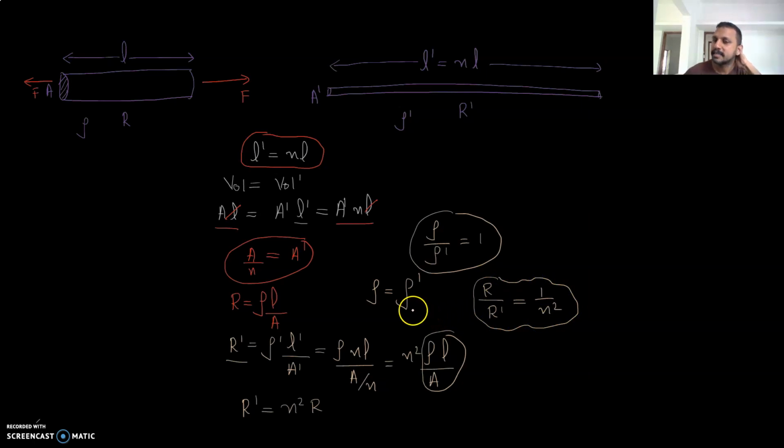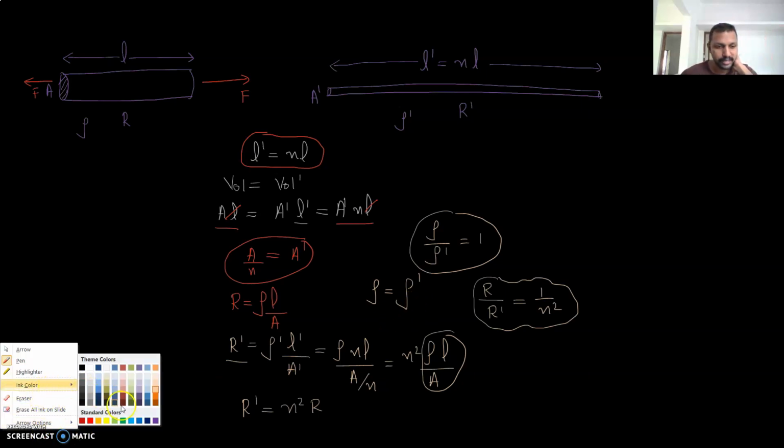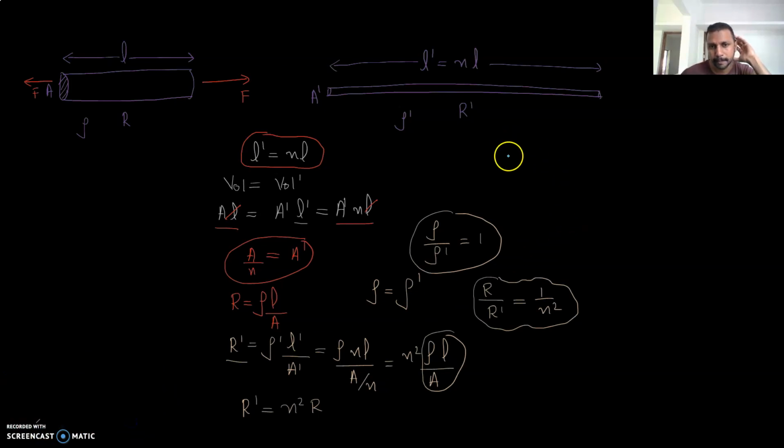Then if they are asking you what is the percentage of increase in resistance, if there is a question like that, then we could solve it by: percentage of increase in resistance is actually delta R by R into 100.